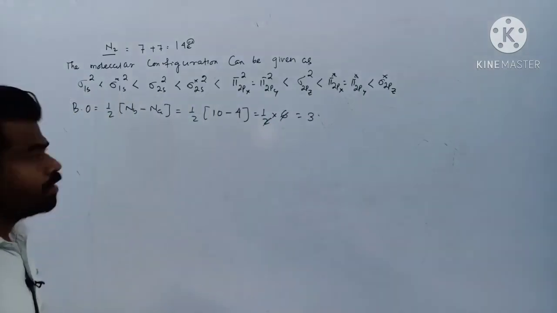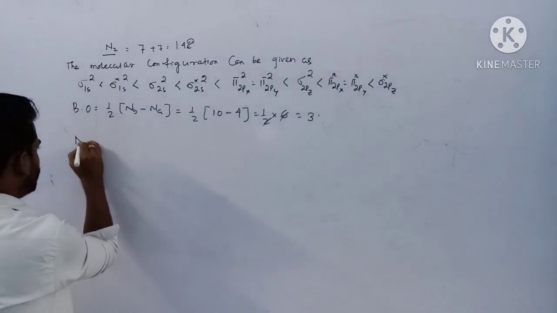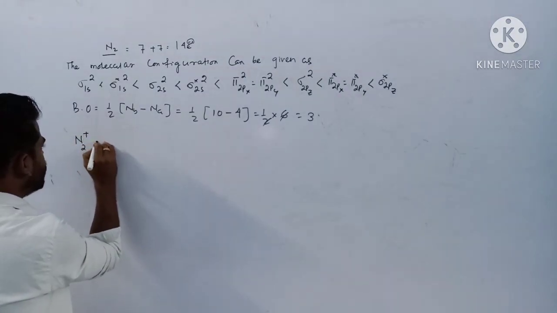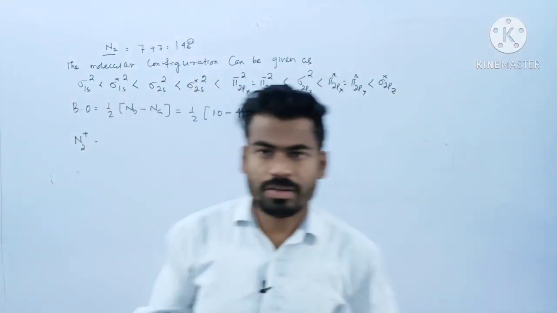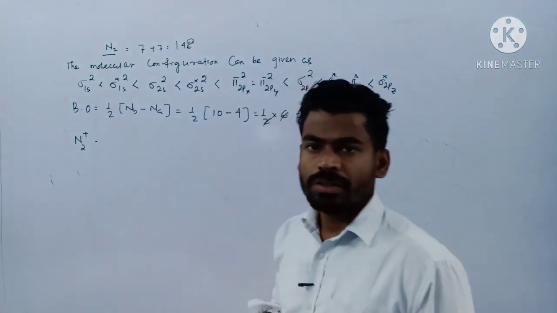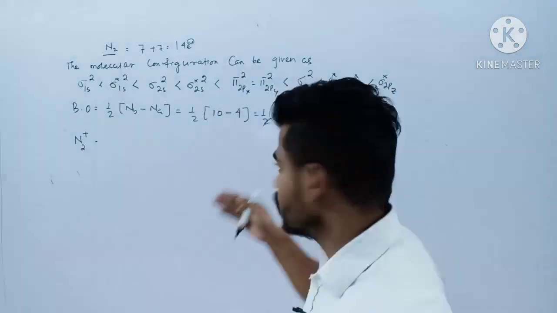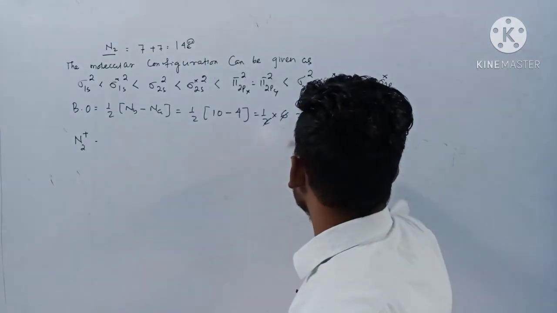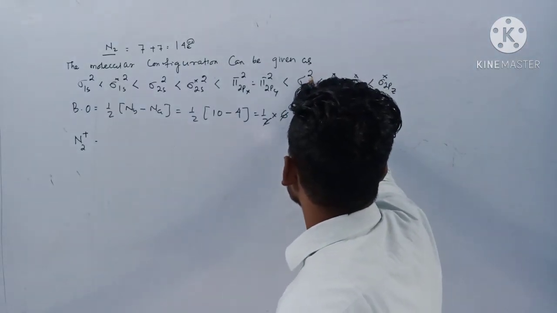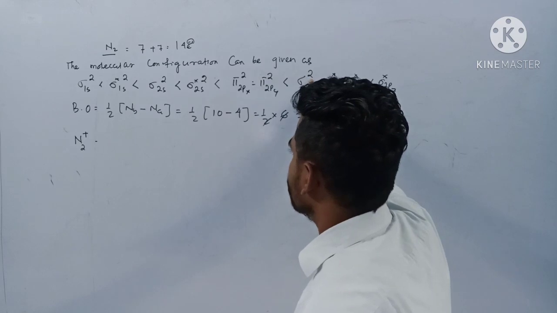in the case of N2. Next, for N2 plus, that means you have removed 1 electron, so it includes 13 electrons, and that electron can be removed from the higher energy molecular orbital, that is from sigma 2pz, so here there will be 1.